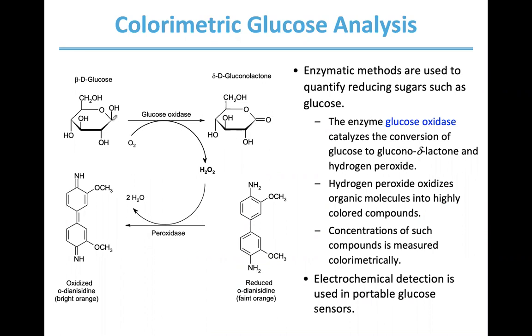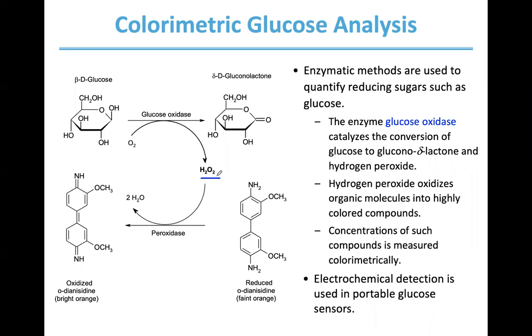So this hemiacetal, glucose oxidase, utilizes oxygen, and the side product is hydrogen peroxide, which then oxidizes this dianisidine, which is almost colorless.